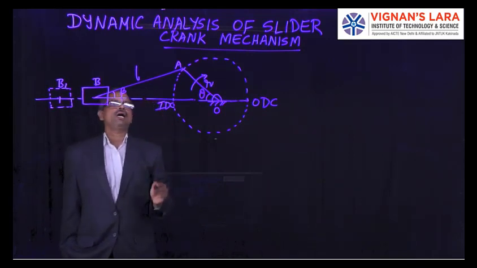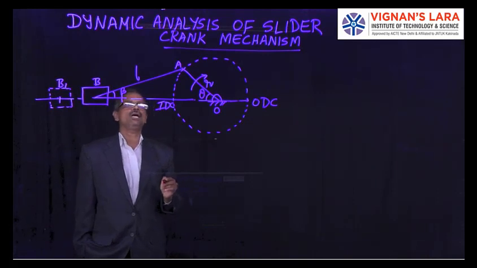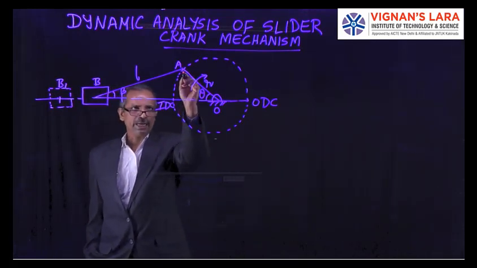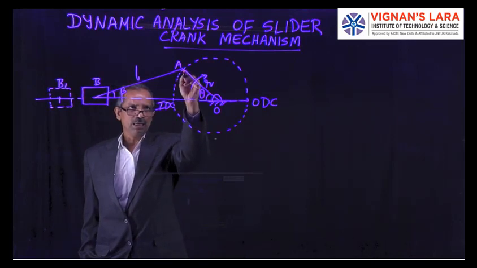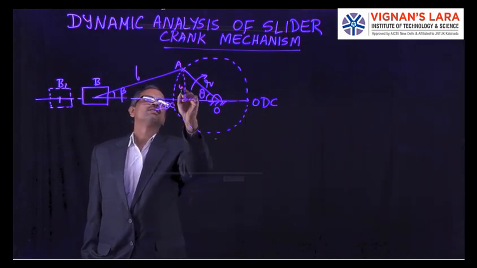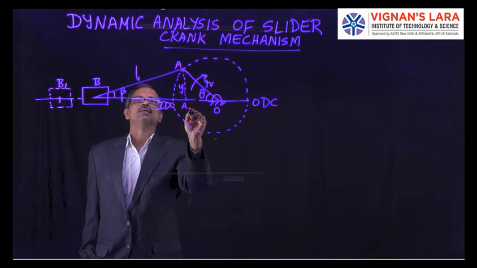L and R are the length and radius of the connecting rod and the crank. So let us take this vertical from here as Y and this point as A1.